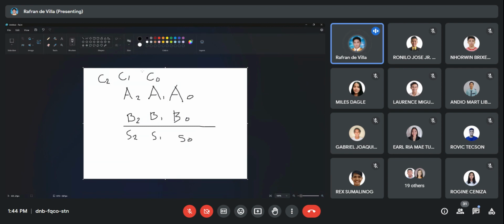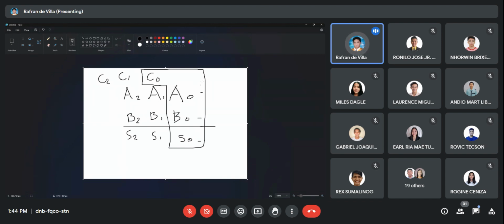Now, if we look at the earlier design, when we were designing a half-adder circuit, you see that portion of your design. You have the addend, you have here the sum, and you have here the carry, giving you 2 bits for the input and another 2 bits for the output.